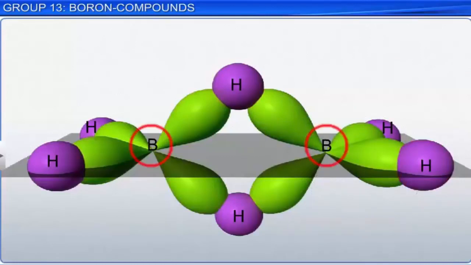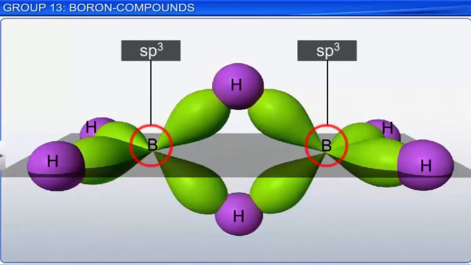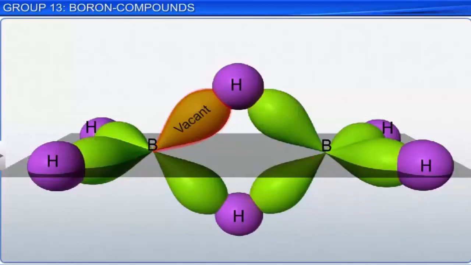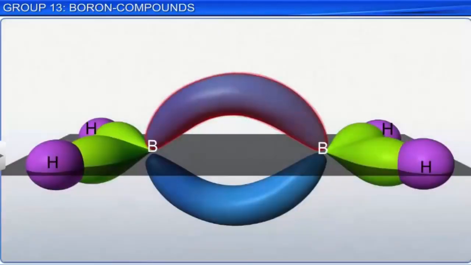The boron atoms in diborane undergo sp3 hybridization. The overlapping of a vacant sp3 hybrid orbital of one boron atom and an sp3 hybrid orbital of another boron atom containing one electron with the pure s orbital of bridging hydrogen containing one electron results in the banana bonds.